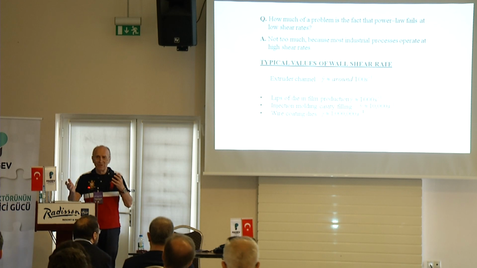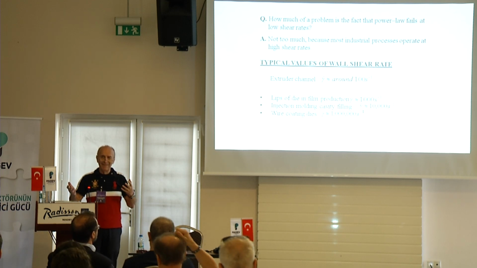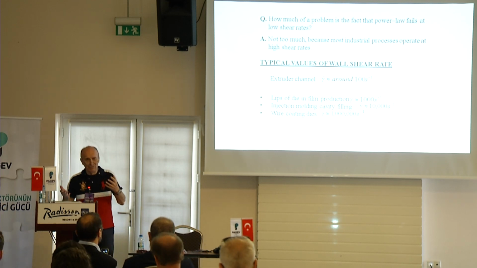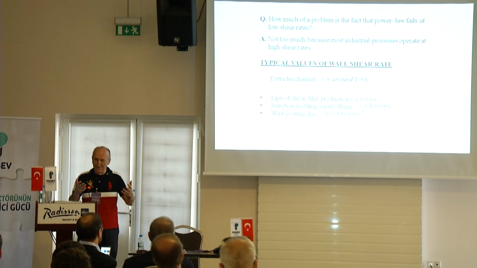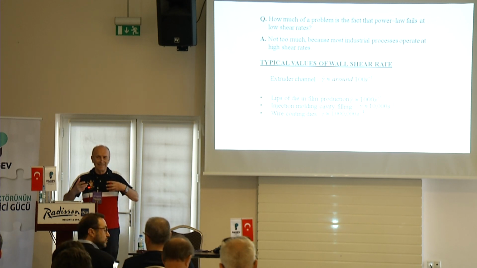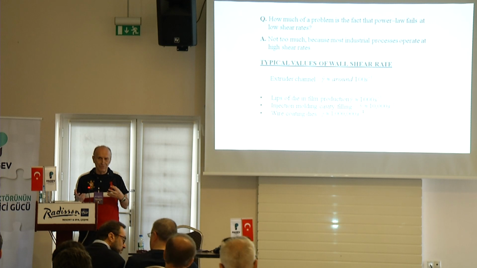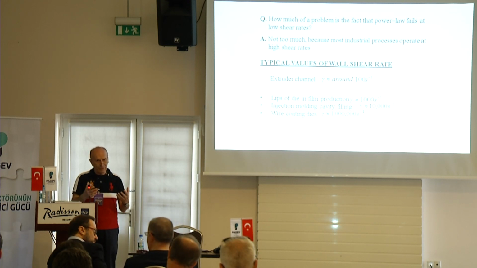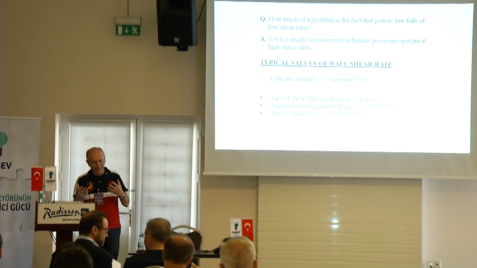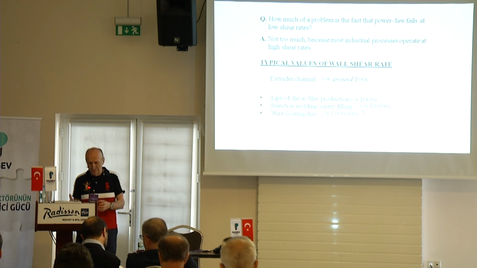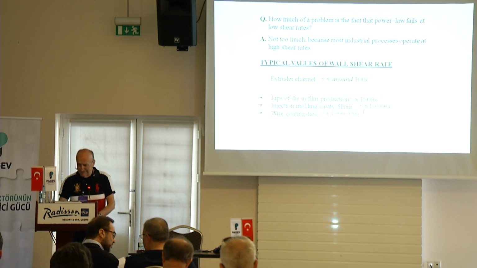So it's important to know the shear rates in the different processes. And this has very important implications, like how the product is produced and what sort of problems are likely to occur.